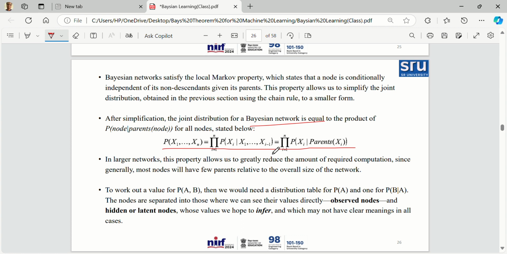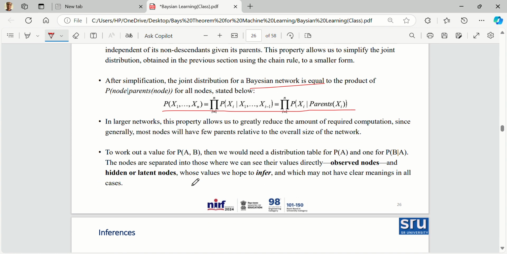And when you go to 3, probability of x3 given x1 to x2. In this way, every one depends on the previous nodes. So it is the probability of xi given the parents of xi.